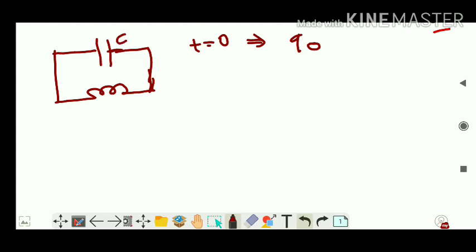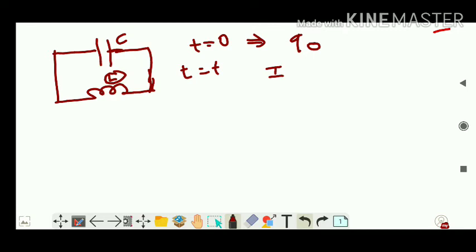This is our capacitor, this is our inductor. After some time, the capacitor starts to discharge very slowly. Why slowly? Because sudden discharge is not supported; the inductor opposes it. When there is a charge flow, obviously there will be a current flow.